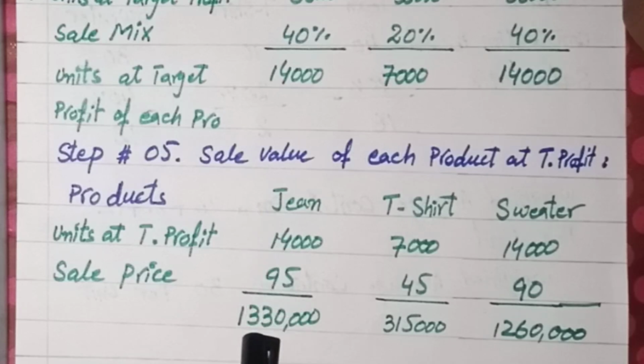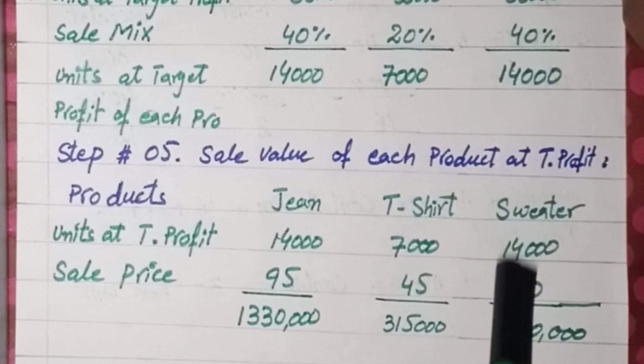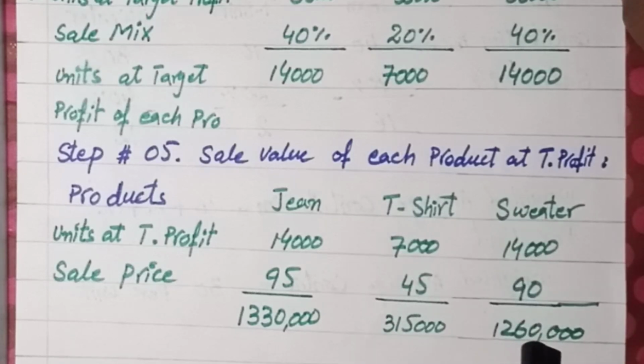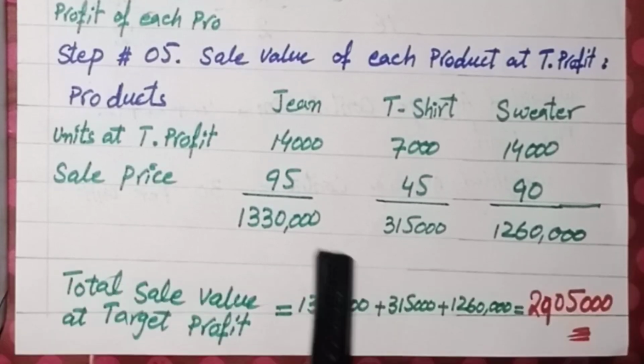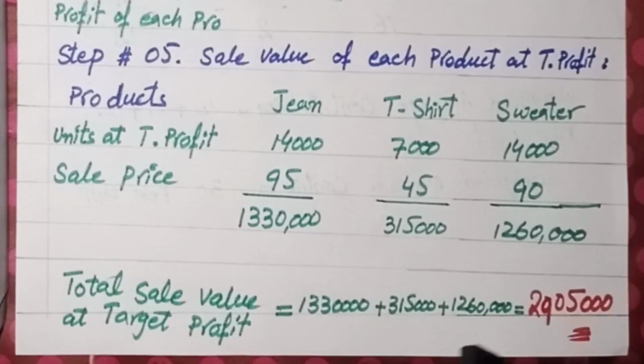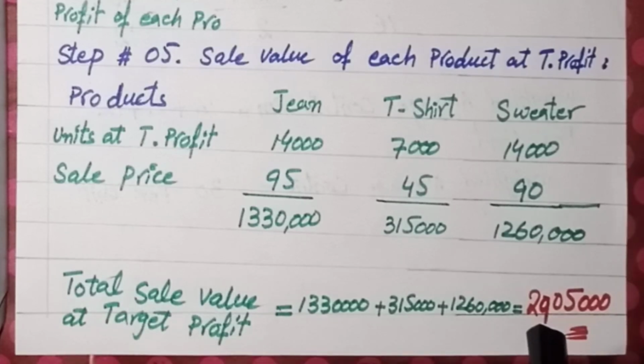For the first product, sale value is 13 lakh 30,000, for the second 3 lakh 15,000, and for the third 12 lakh 60,000. Okay. Next, we add up all these three values and calculate total sale value at target profit, which is 29 lakh 5,000.